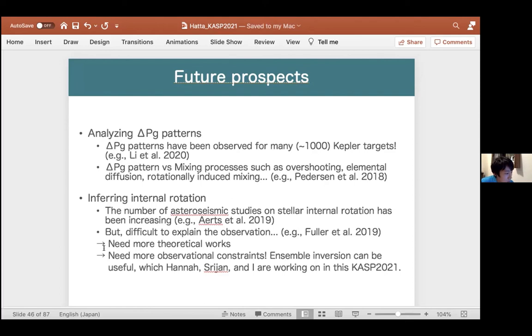Another approach might be to obtain more observational constraints on internal rotation. On that point, ensemble inversion can be useful, which Hannah, Suijin, and I are working on in this project. Maybe Suijin is going to talk about this ensemble inversion next Friday, so please enjoy that talk.